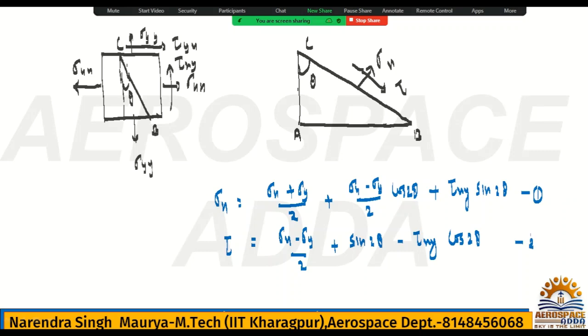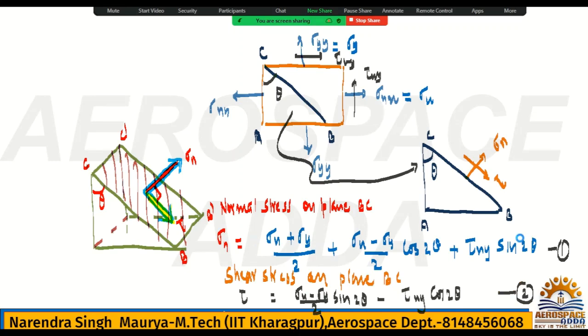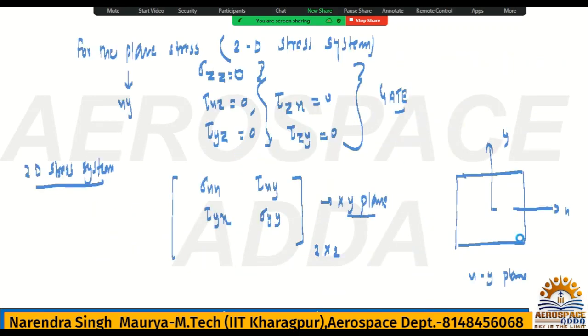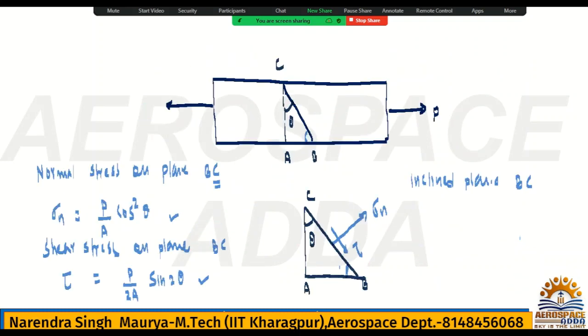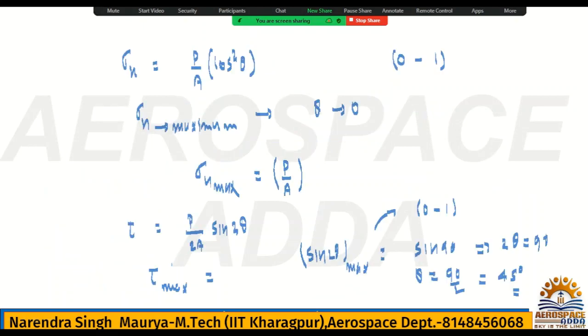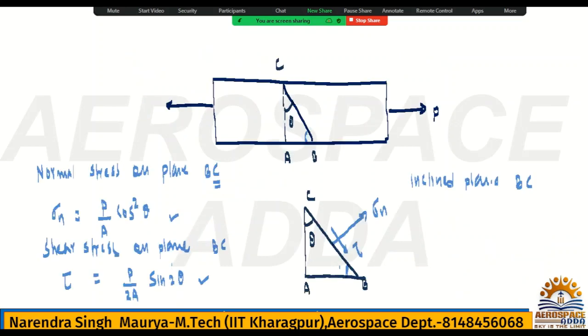This is a very important and very wonderful formula. Now you can relate this. Earlier it was uniaxial, and for the uniaxial oblique plane you had calculated values. The normal stress was P by A cos square theta, and the shear stress tau is P by 2A sin 2 theta. P by A you can write as stress, so it will be sigma cos square theta, and sigma by 2 sin 2 theta.